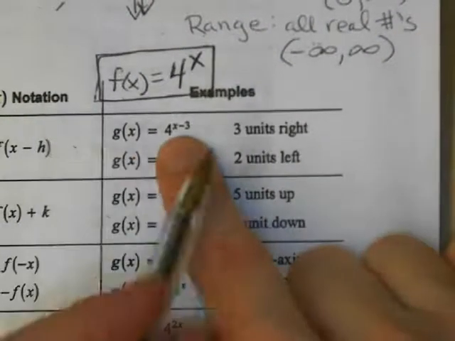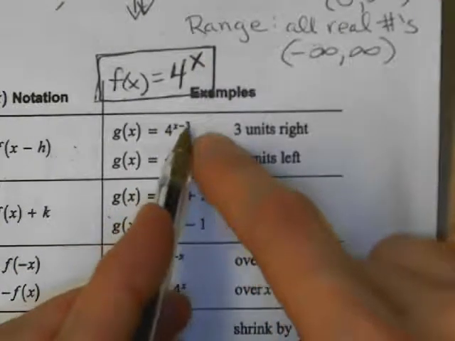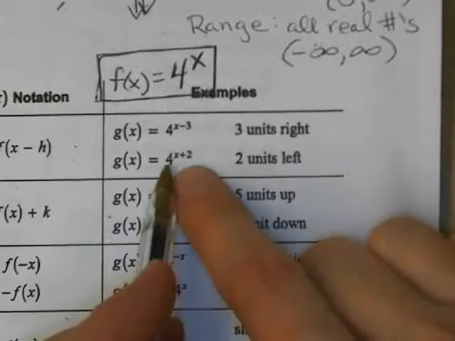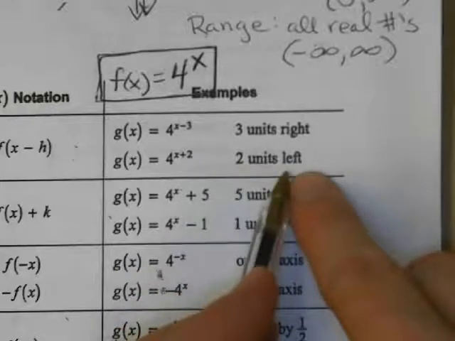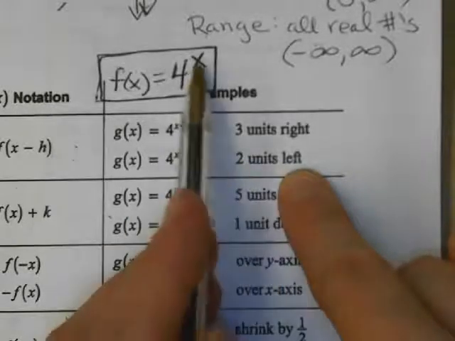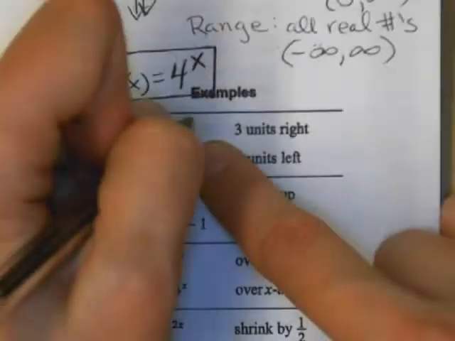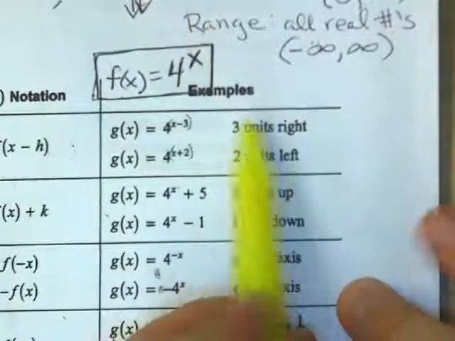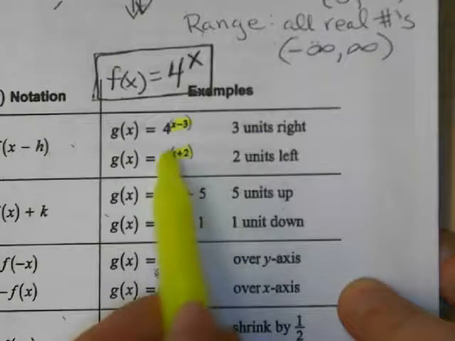If they add a number up in the exponent, minus 3, that moves the graph 3 to the right. If it was 4 to the x plus 2 power, that moves the graph 2 to the left. So when they add a number in with that exponent up here, it moves it left and right. Okay, so see, you're looking at how this changed from the original.